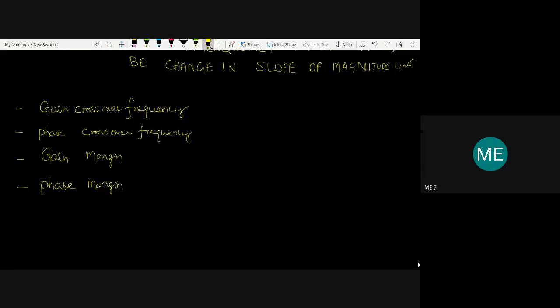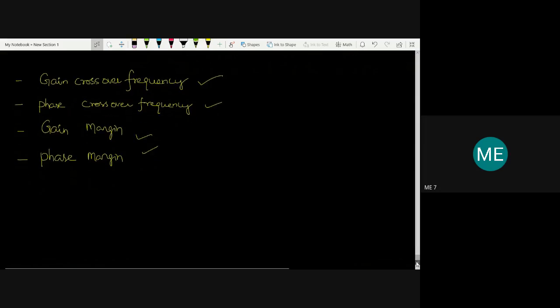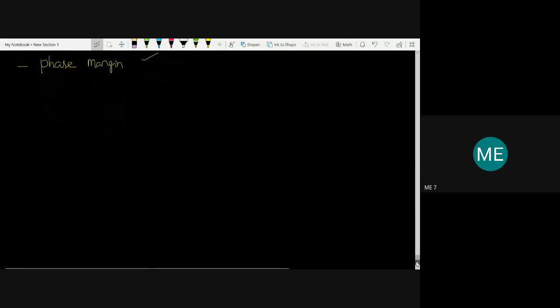These are the four important terms which we need to know when we start with the Bode plot and analyzing the stability of the system.